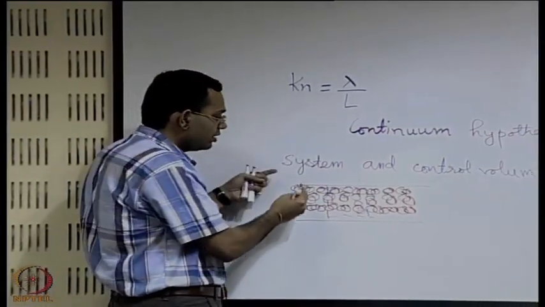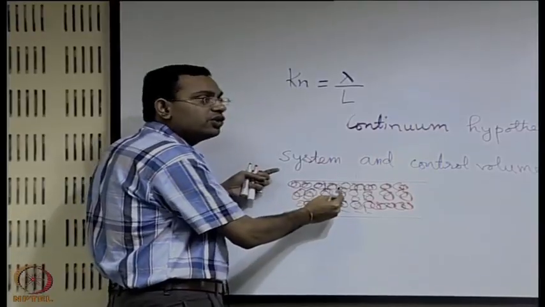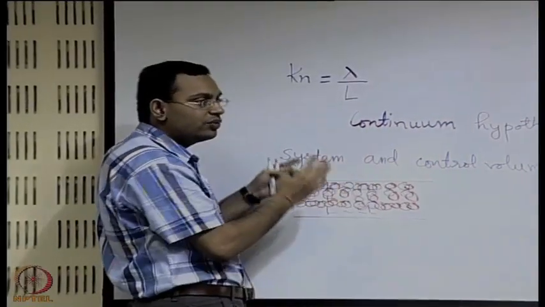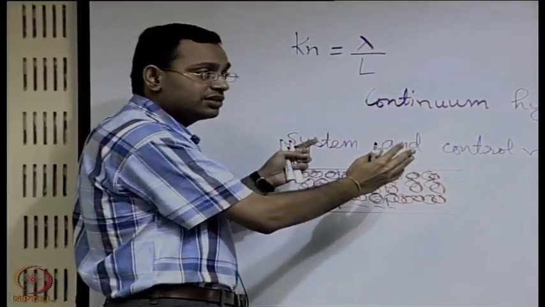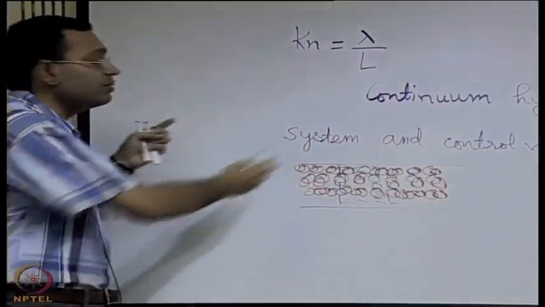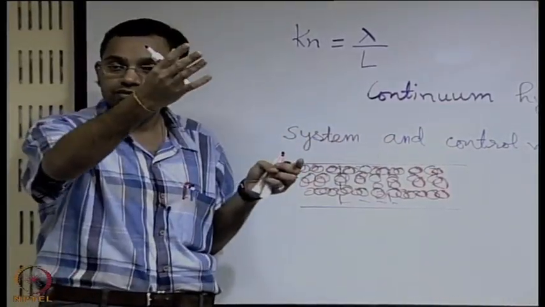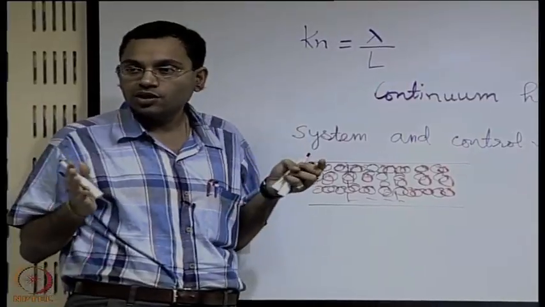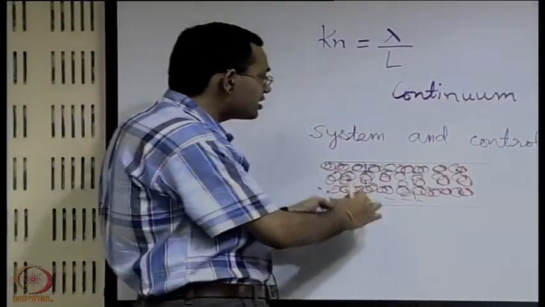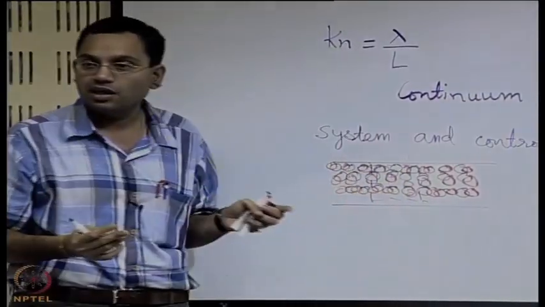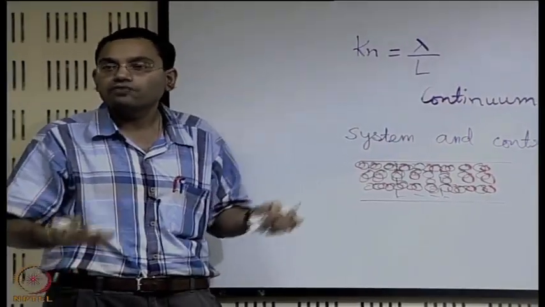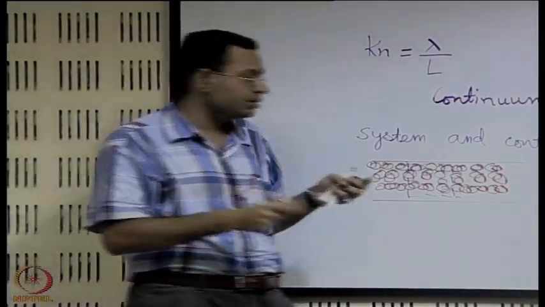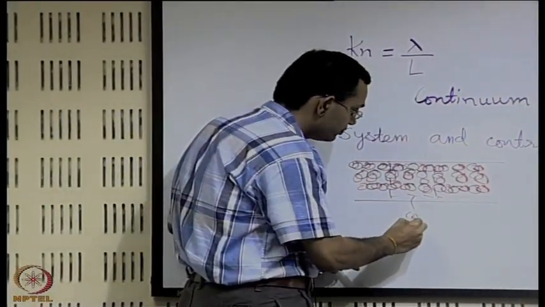We are observing whatever is coming into this zone and leaving it, we are only keeping track up to that much. We are ignorant about where it has come from and where it is going. So, rather than focusing attention on individual particles, we are focusing attention on a specified region in space across which matter can flow. That region we call the control volume.